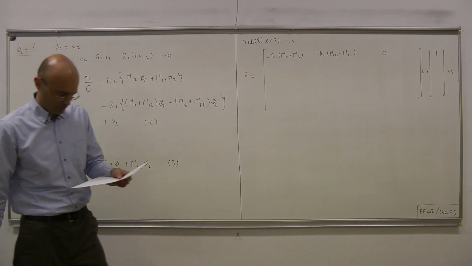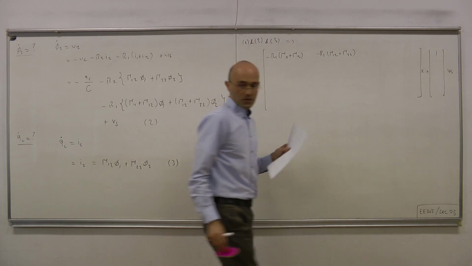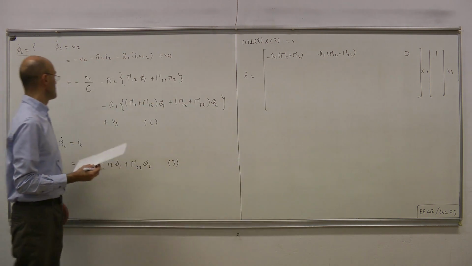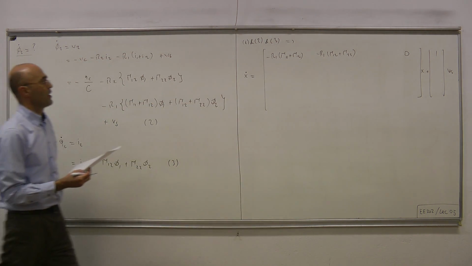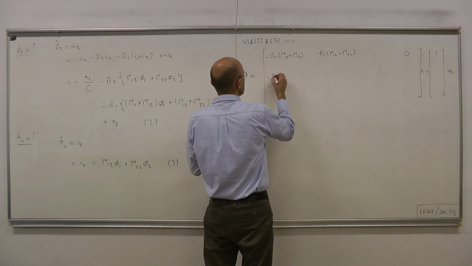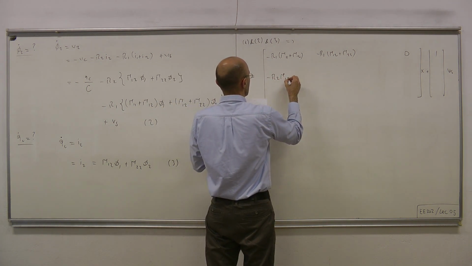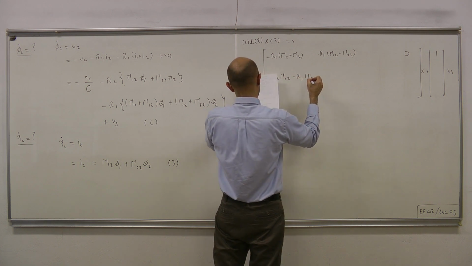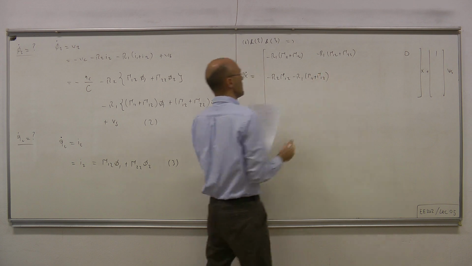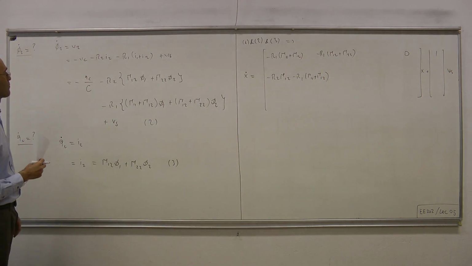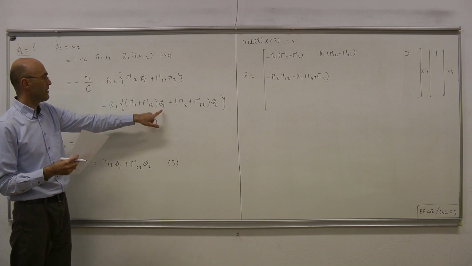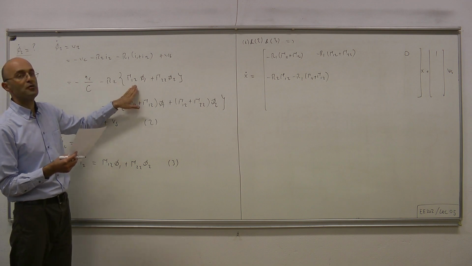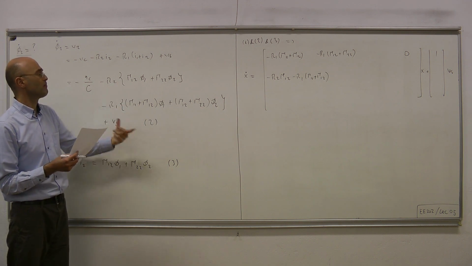And then comes phi 2 dot, which is here. Okay, so phi 2 dot equals minus R2 gamma 1,2 minus R1 times gamma 1,1 plus gamma 1,2 times phi 1. Okay, we have a phi 1 term here, we have another phi 1 term here. So we collect those two terms, and what we have is minus R2 gamma 1,2 and R1 times this sum.